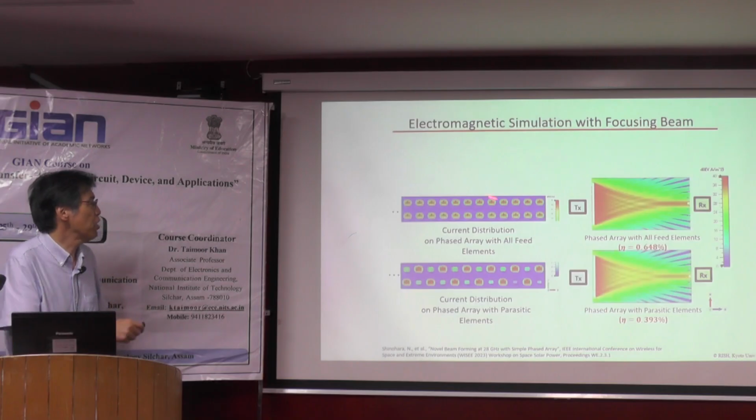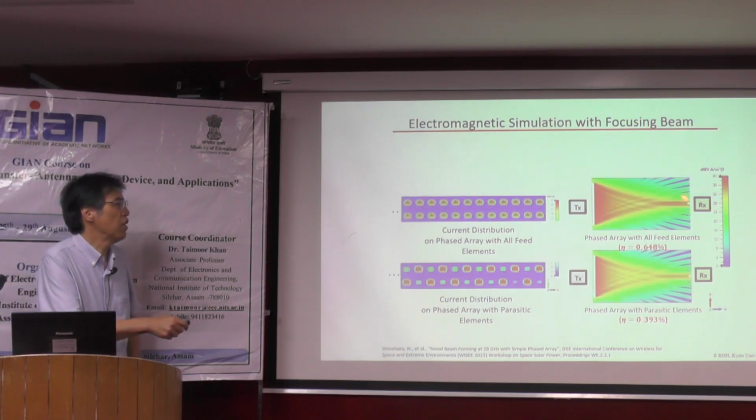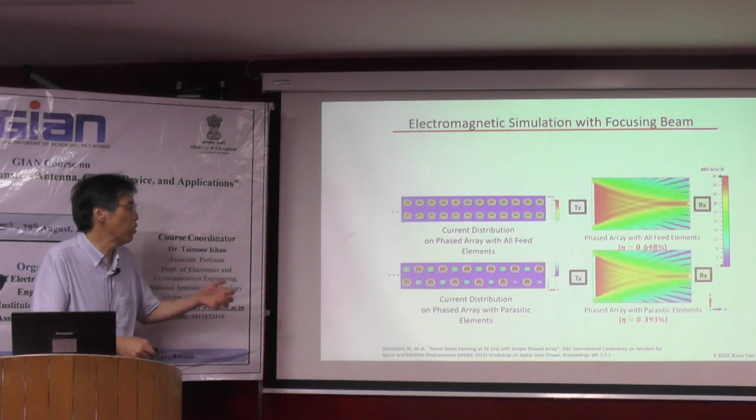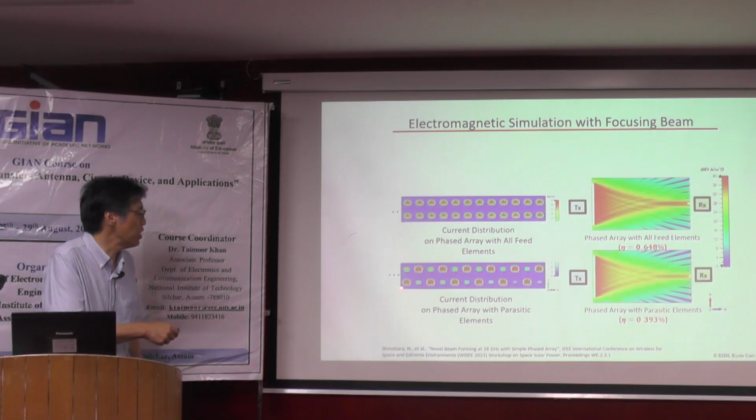And as a result here, this is a normal phased array with all fed antenna elements. And in this case, we can focus the antenna into one point, and it's a very good phased array antenna, no problem. But when we use the parasitic element, we feed microwave power only in this antenna.